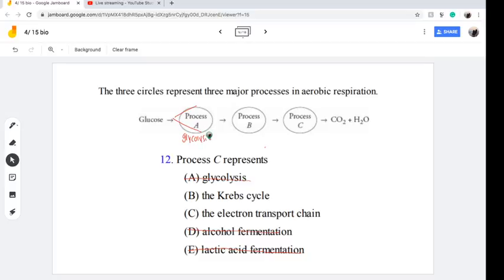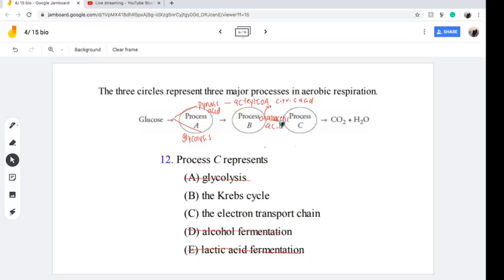Glycolysis is going to form pyruvic acid, and then that is going to be transformed into acetyl-CoA, which will then mix with oxaloacetic acid in order to create citric acid.